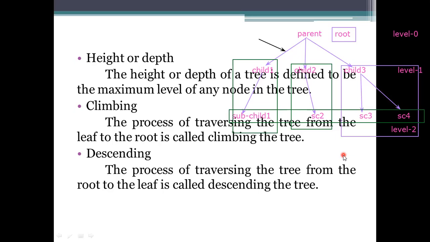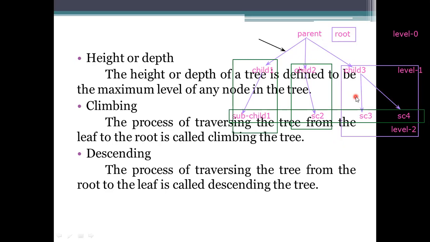This type of representation is specified as traversing. There are 3 such traversal techniques: in-order, pre-order, and post-order. We can start from the parent, or we can start from the left child, then visit the right child and then the parent. Like that, we have 3 different orders for processing.